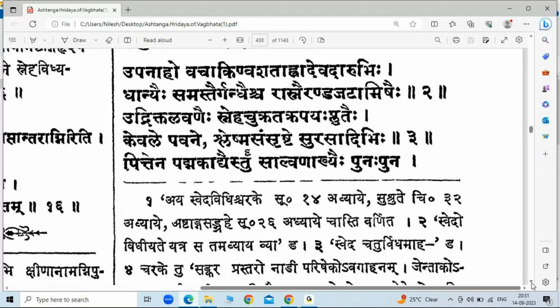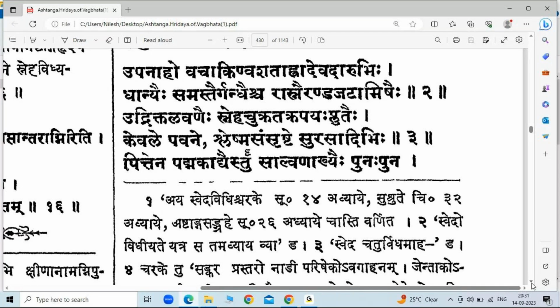Obviously, I think these sort of debates are important in the proper understanding of the textual description. But the message that is carried is that the dravyas are changed in the Upanahasveda according to the dosha vikalpa. That is the crux of the story. The dravyas are modified according to the dosha vikalpa.